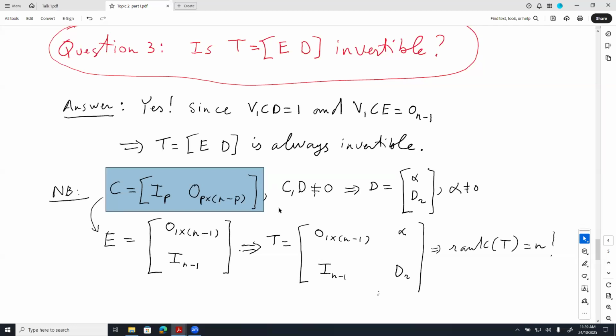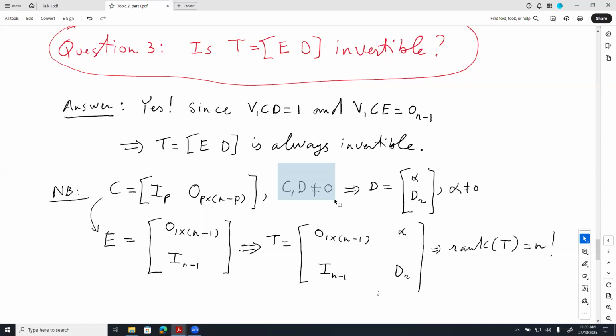So let's say C is in this canonical form, and we pick the first output measurement and use it for the decomposition. The first output measurement is selected, and it needs to satisfy the matching condition. In other words, we pick C1D, in other words, y1 of t, the first measurement.